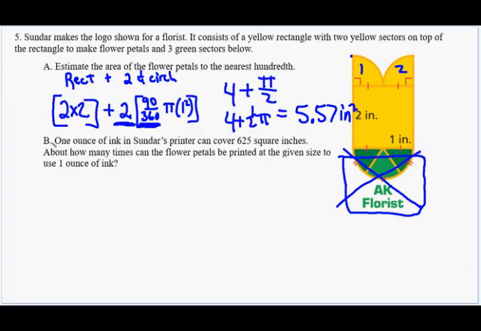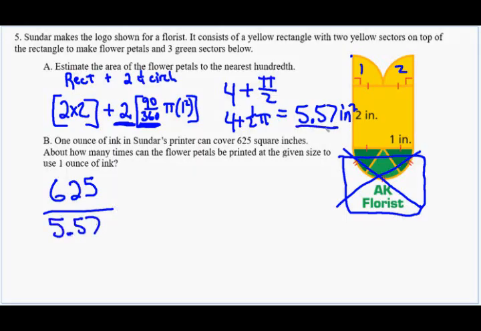Now for part B, 1 ounce of ink in the printer can cover 625 square inches. How many times can we print the flower petals at a given size to use 1 ounce of ink? So we're going to divide that by our 5.57 inches squared.